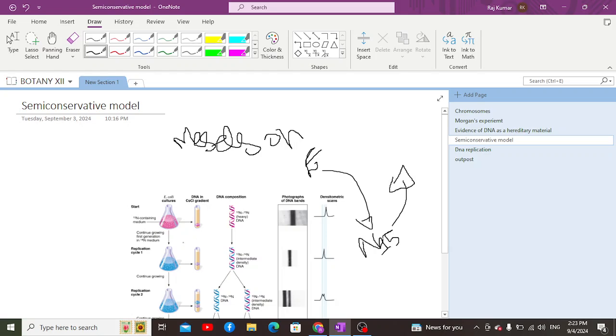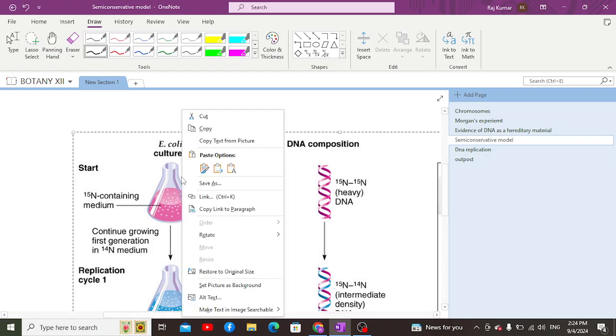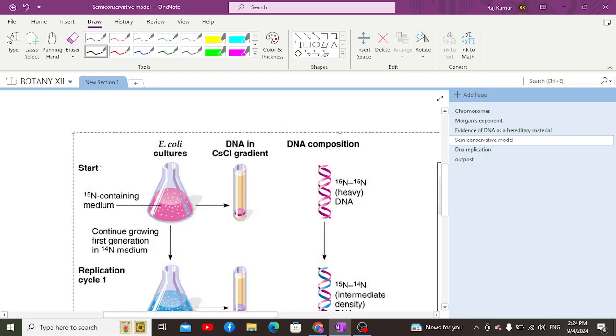When the E. coli culture was prepared in the N15 containing medium, they saw that both of the DNA strands became heavy DNA, because both strands had N15, due to which the DNA's density increased.